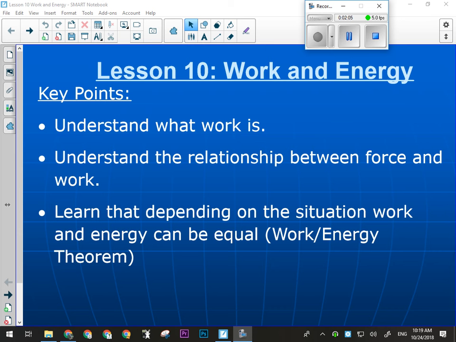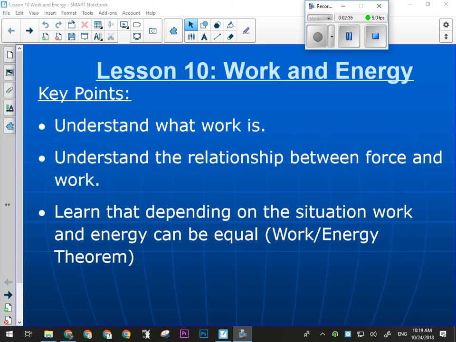What is work? When you do work, what do you change? Well, the force exerted could change, but for most of our purposes, it's a constant force. Distance could change for sure. But if I do work on something, what am I giving it? Energy.